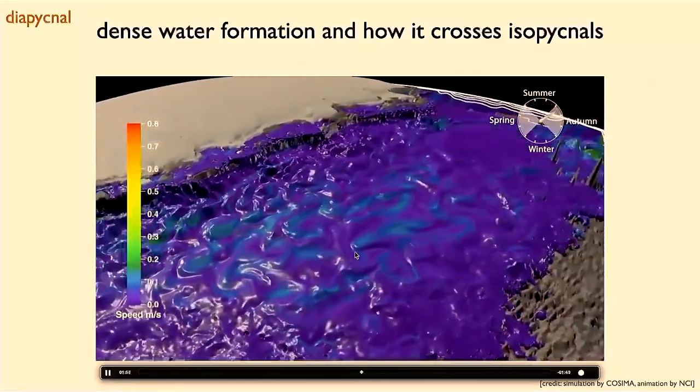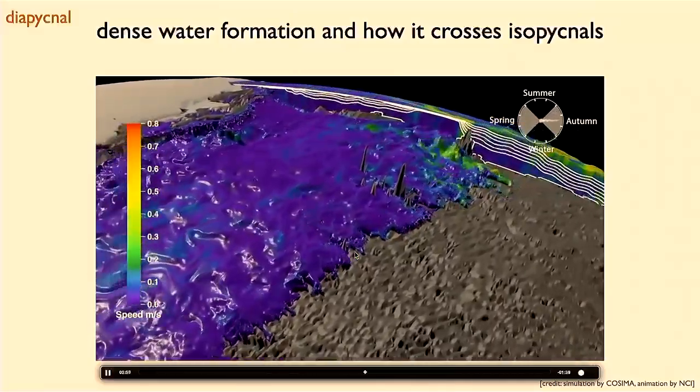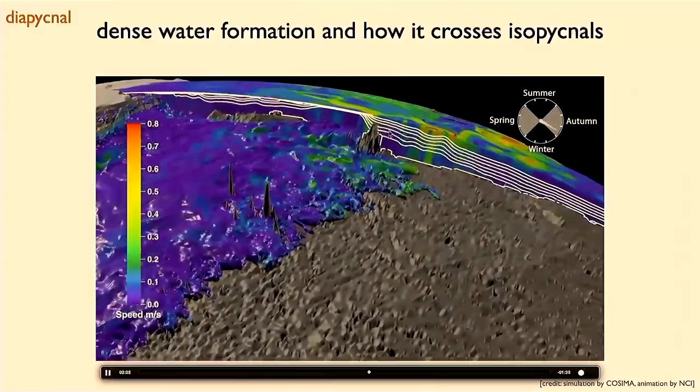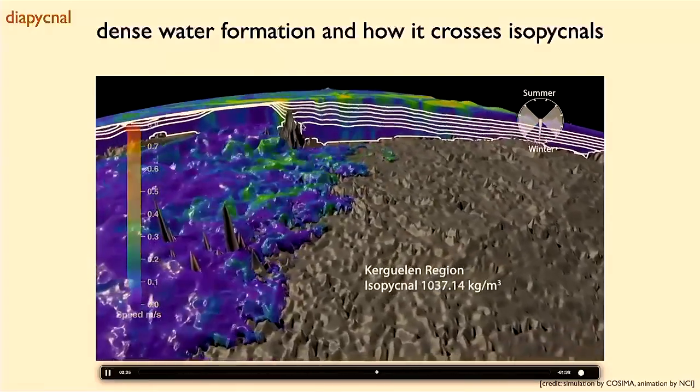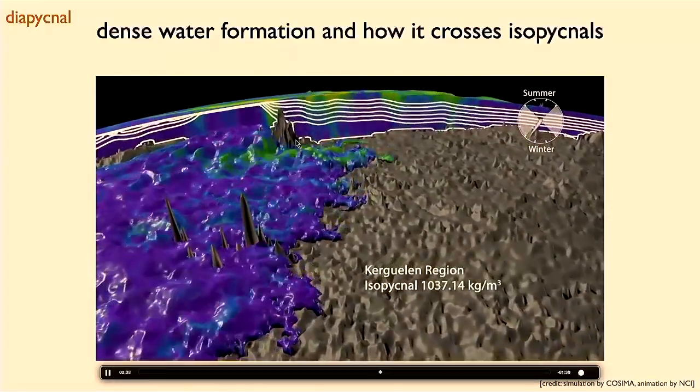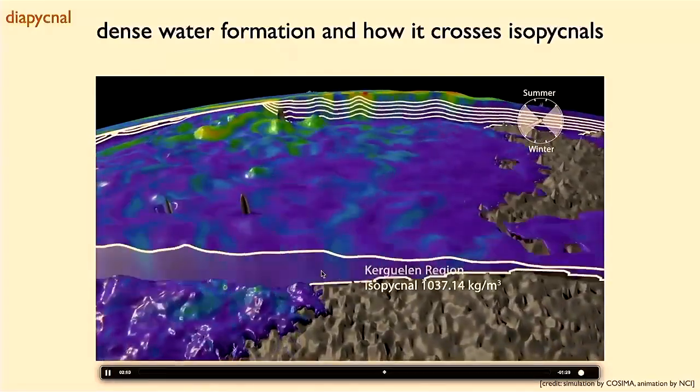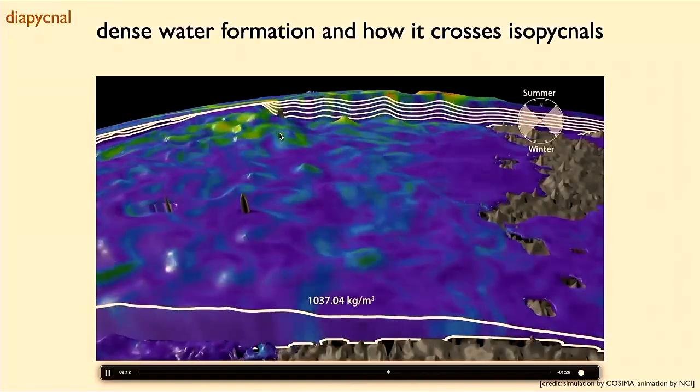And here we see these isopycnals that I was talking about. You see how they are slanted, especially in the Southern Ocean.